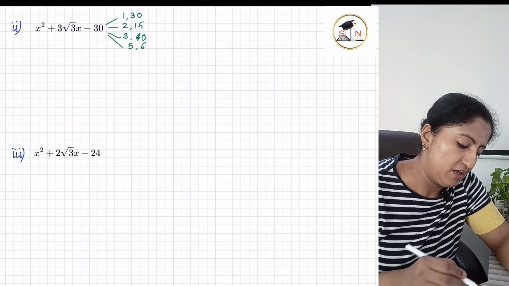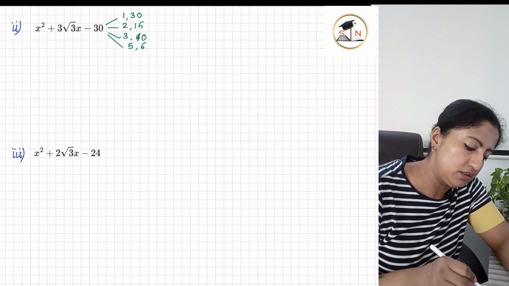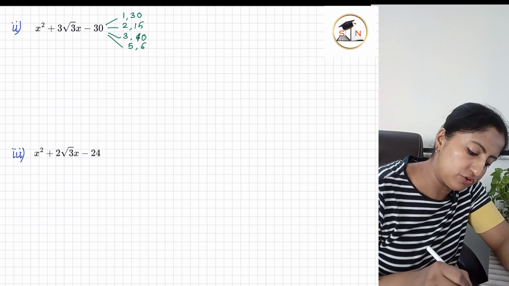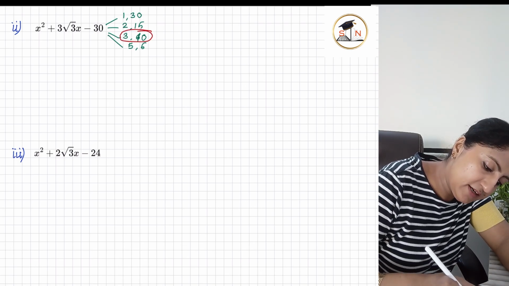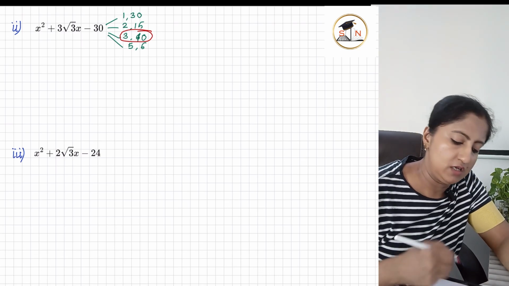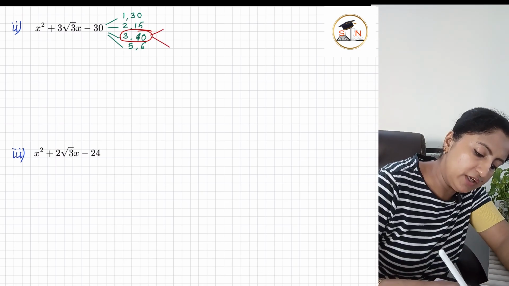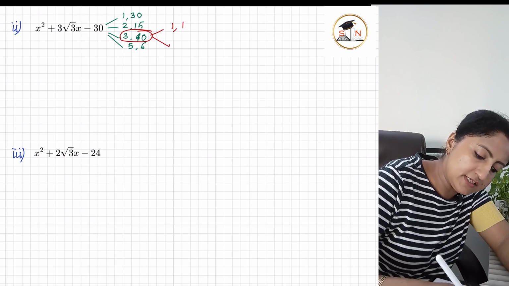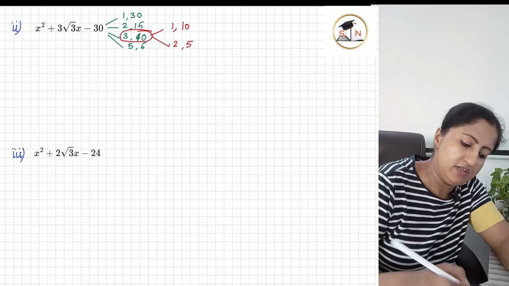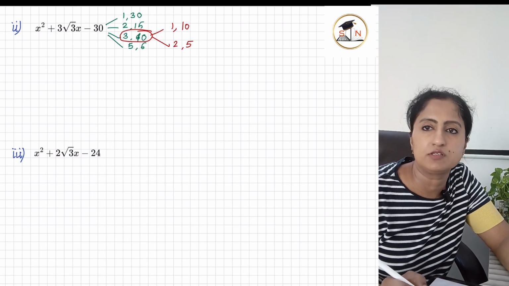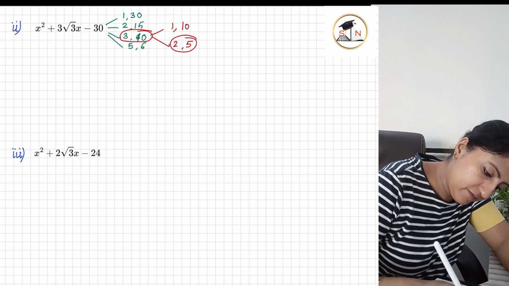Now, we are supposed to select that pair of factors which has got the root term, so 3. Again, we have to select 3 and 10. Now, we need to break 10 further such that it can give us 3. The factors for 10 are 1 and 10, 2 and 5. And I can see 2 and 5 on subtraction give me 3. So I'm going to select that.